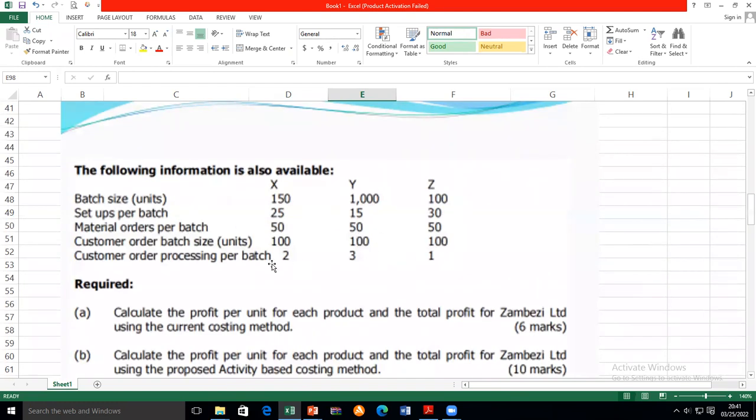We've dealt with that. Customer orders per batch size. Customer order batch size, they're in hundreds. So we need to process that one. The batch size for customer orders is 100.